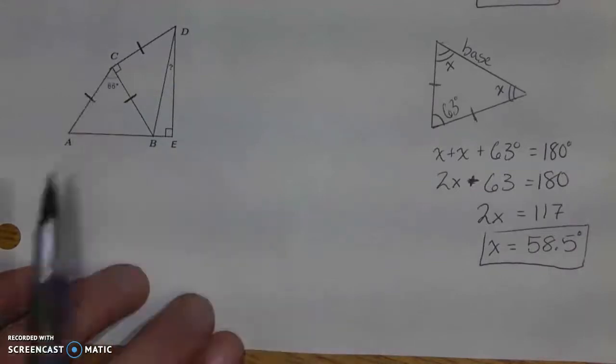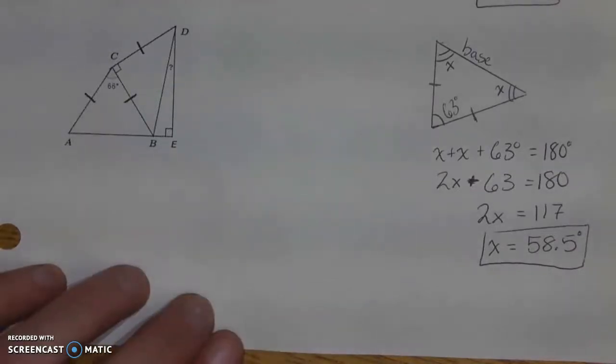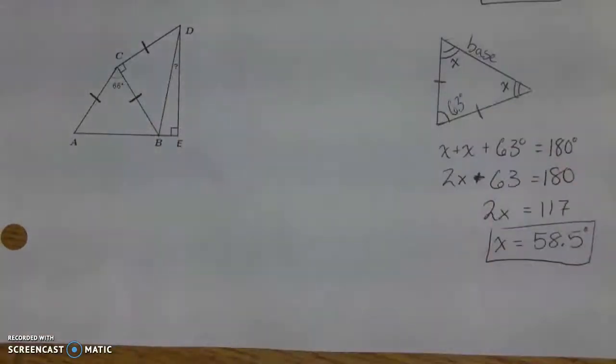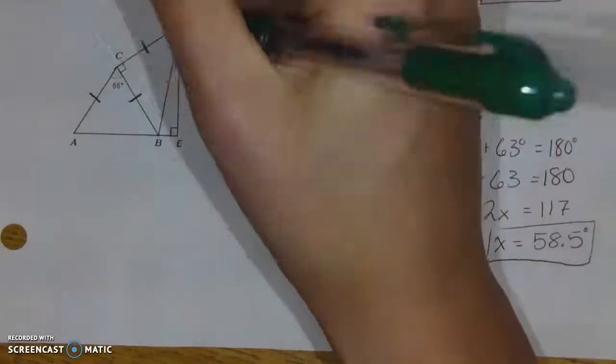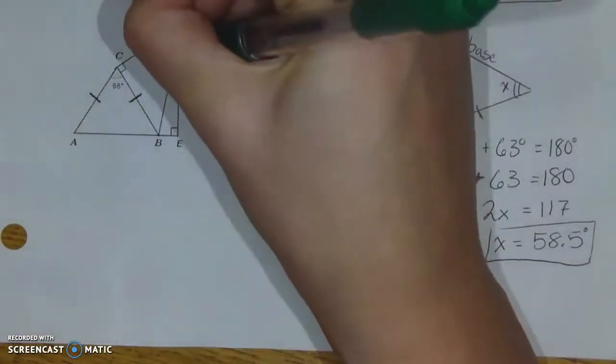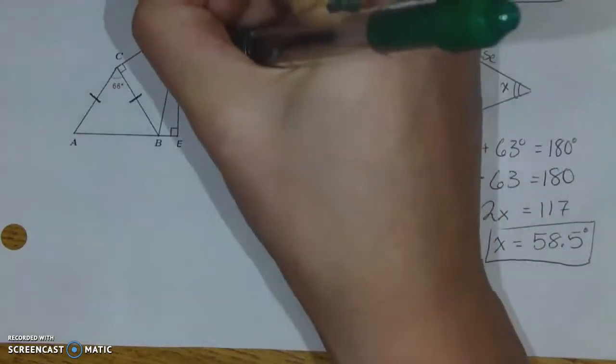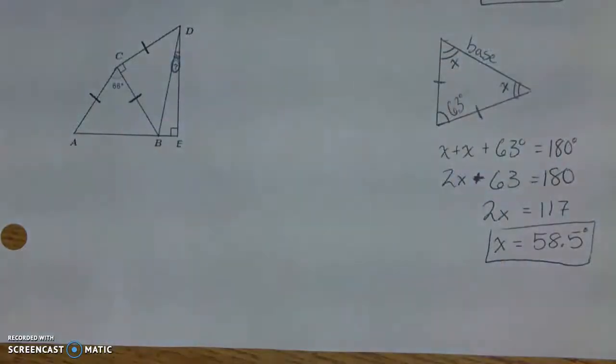But we've left the hardest one for last. Using everything that you know about triangles, you're actually going to be able to solve for a lot of different missing angles. But one thing you have to watch out for is really just being overwhelmed. There is so much information in this triangle, and it's asking for this angle right here.